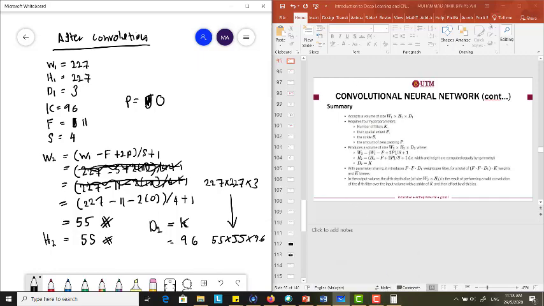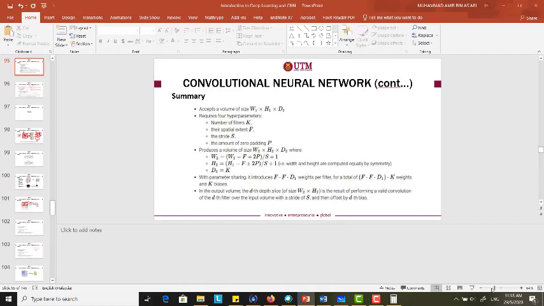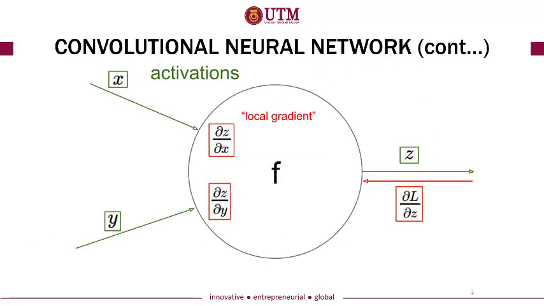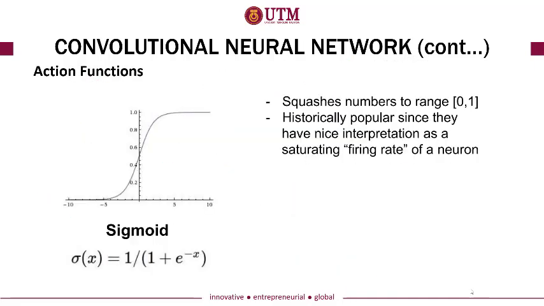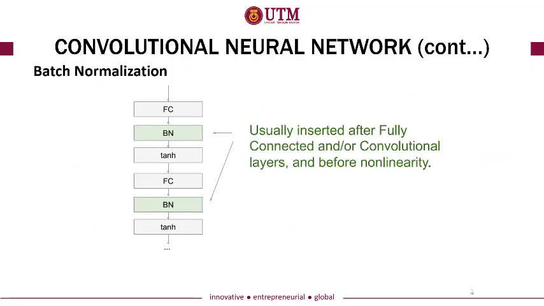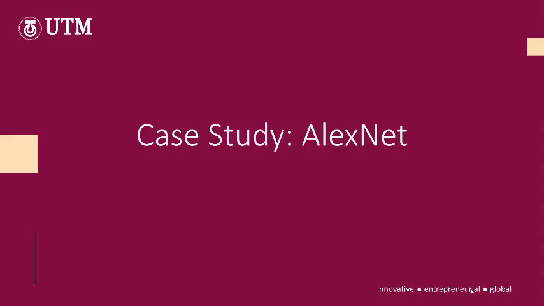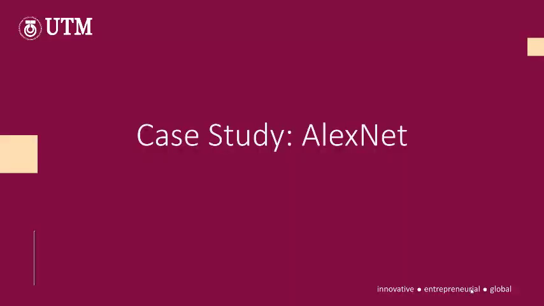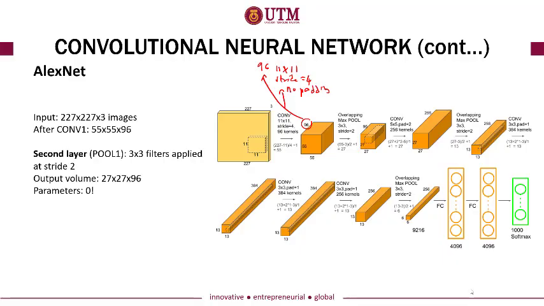Okay, so I just showed you that one example. That is how you can calculate the output volume size, or the size of the output matrix after the convolution. Then later you can try this one.